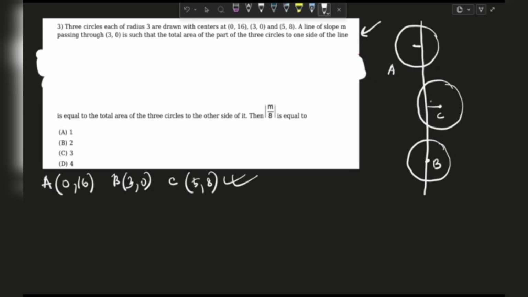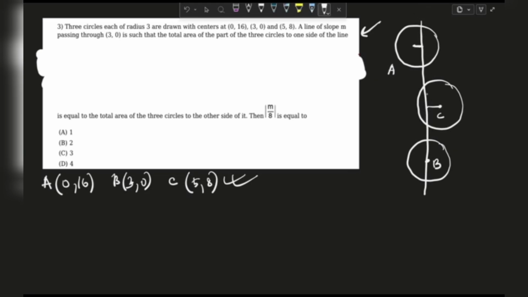So now I guess it's time to proceed with some calculations. Now if you see carefully, this particular line is basically passing through 2 circles as a secant.